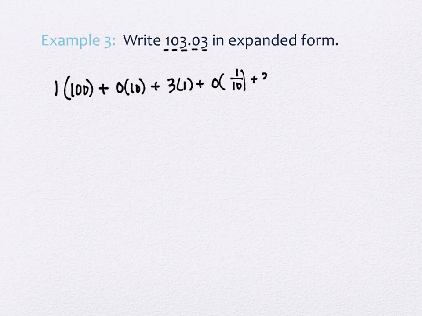And you've got 3 hundredths, so that's 3 times 1/100. And this is what expanded form would look like. If you don't want to put parentheses around the places, you can put a dot between them. That's okay too. It doesn't matter, but something to indicate that they're being multiplied and that we're separating each place value by addition. Okay? So this is what a base 10 expanded form looks like.